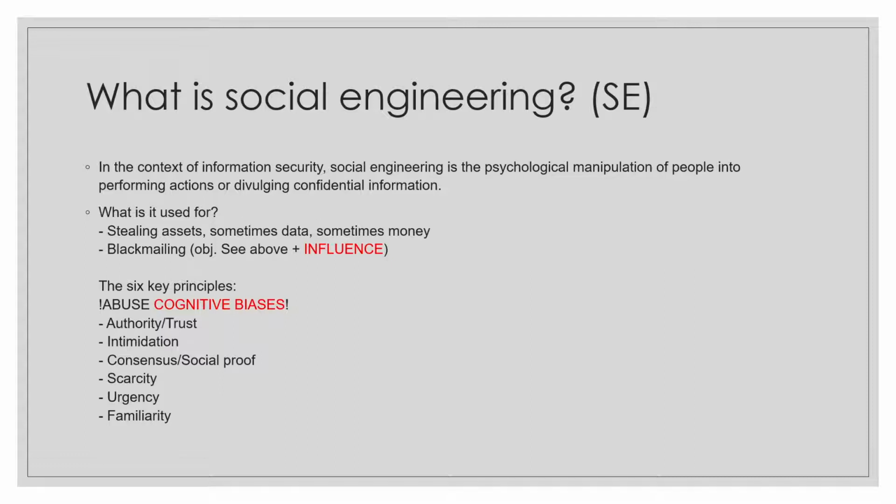This is very important because terrorism is also a social engineering thing. The hostage situation is also an SE thing. It's just to gain influence over a certain amount of people to force them to do things.